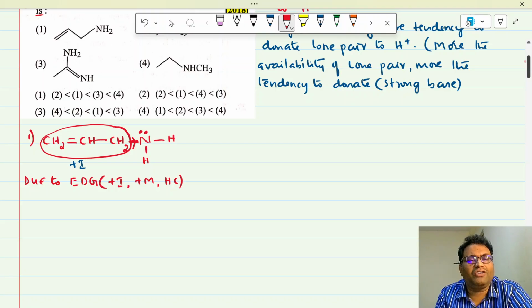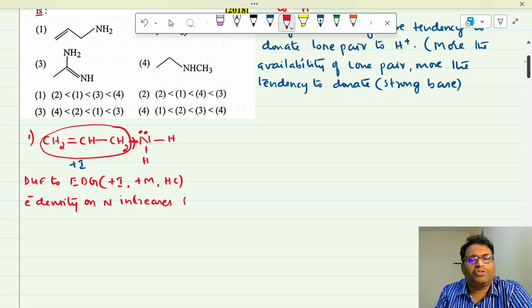Due to these groups, which show plus I, plus M, hyperconjugation, the electron density on nitrogen increases, so that the basic strength increases, right?